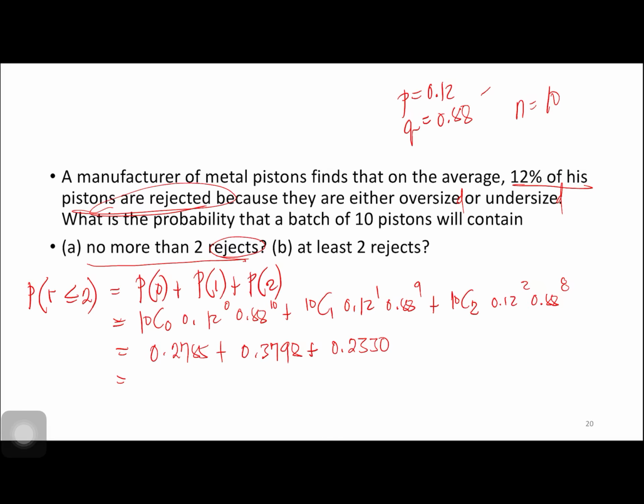So we have 0.2785 plus 0.3798 plus 0.2330.